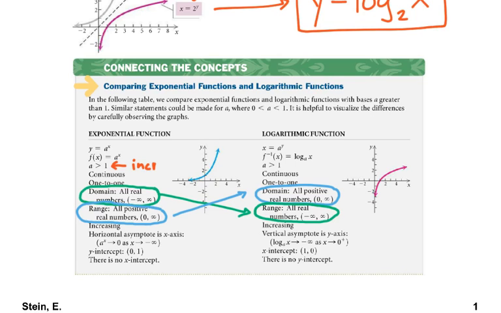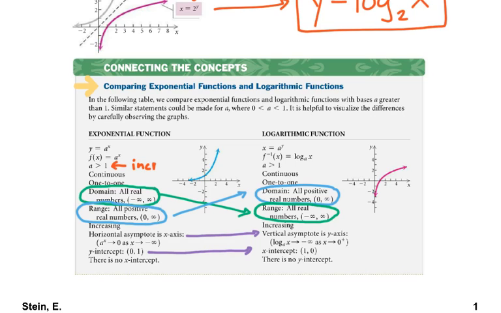And then the other two things that are important for us to notice: exponential has a horizontal asymptote, where logarithmic has a vertical asymptote. And exponential has a y-intercept (0, 1), where logarithmic has an x-intercept (1, 0).